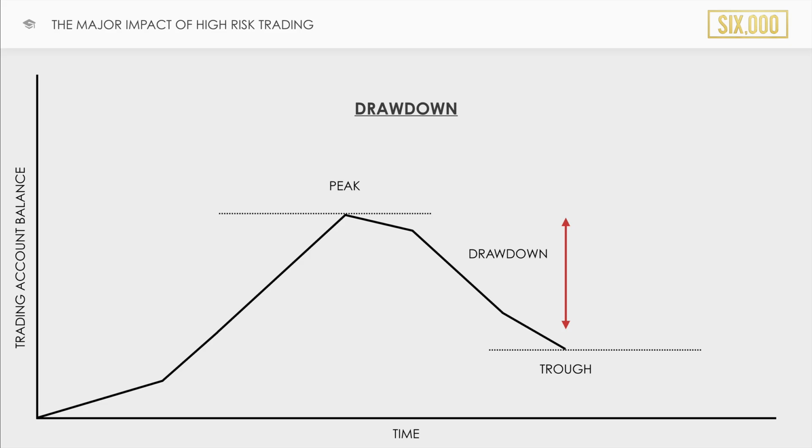Now your drawdown, if you're using a conservative strategy, will be far smaller than the one shown in this chart. This one is extremely more excessive than a typical drawdown. If you're using a conservative strategy, you may have increased your account by 8% and you'll have a drawdown of possibly 2 or 3%.